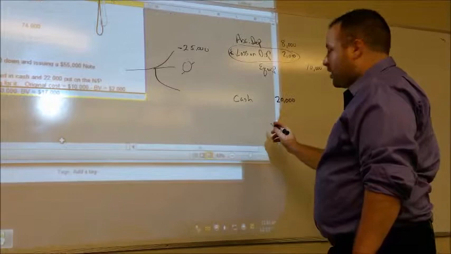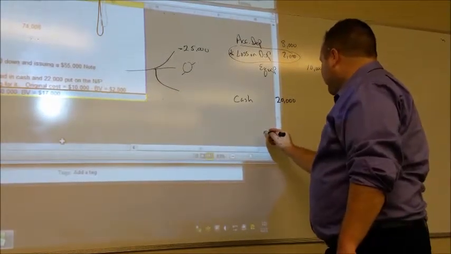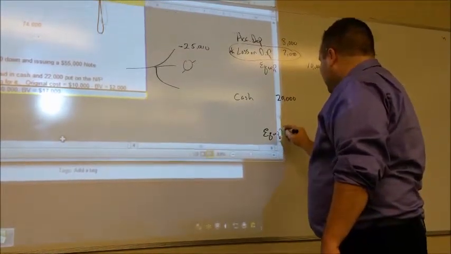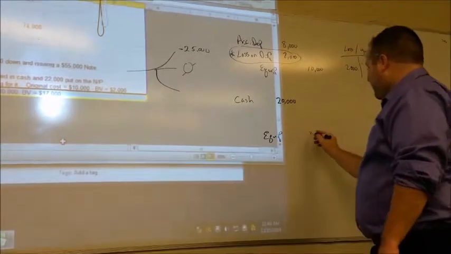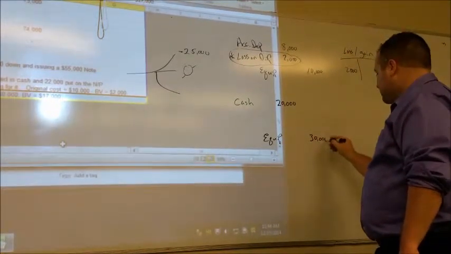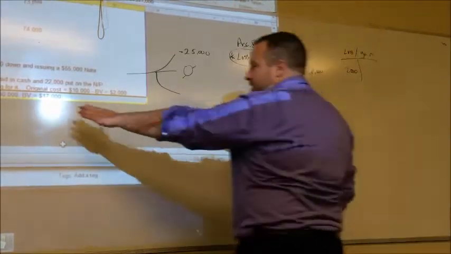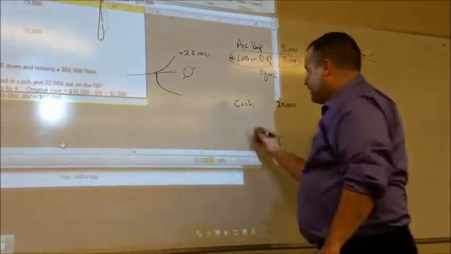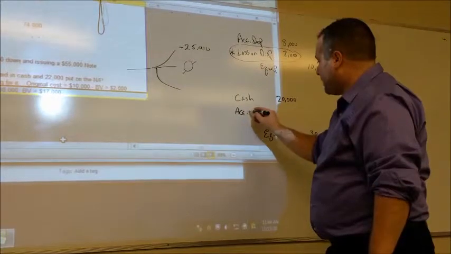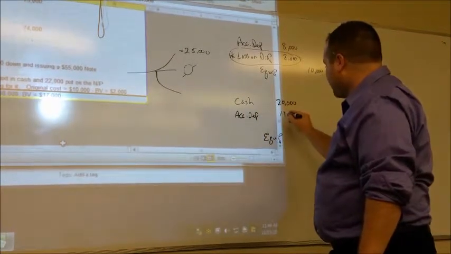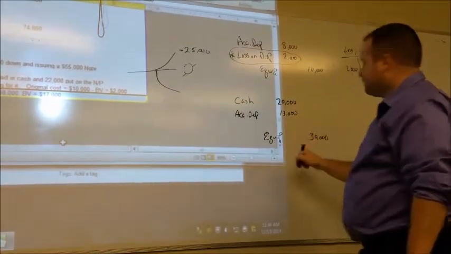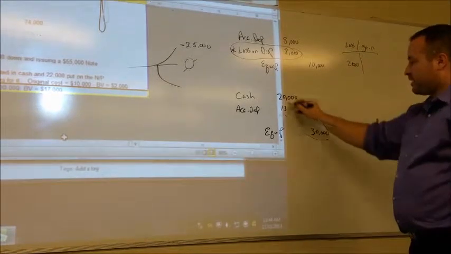And it originally cost me $30, so I can skip a few lines and do I got rid of equipment worth $30,000. If the book value is 17, that means I had accumulated depreciation of $13,000. That gives me my book value here.